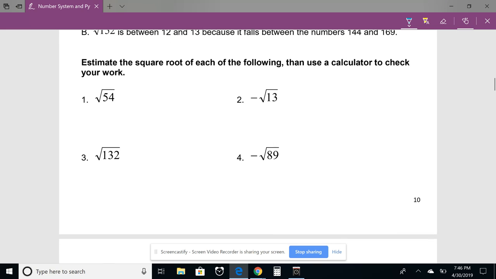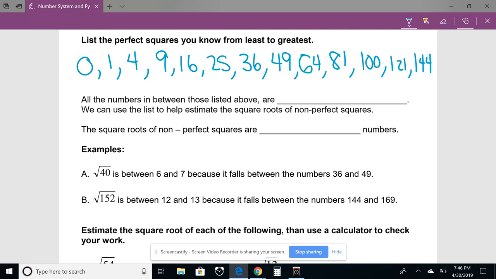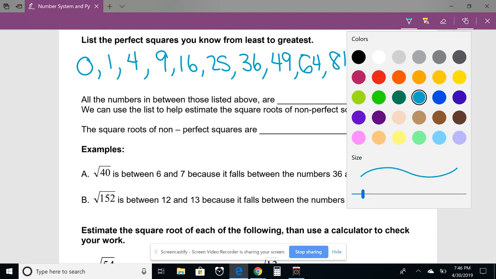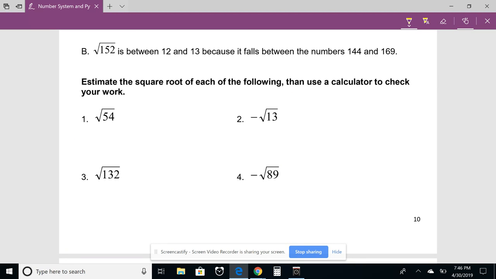So when we're looking at a problem like number 1, we want to find the square root and be able to tell where the square root of 54 lies on the number line. So we look at our perfect squares. So 54 is in between these two numbers right here, 49 and 64.